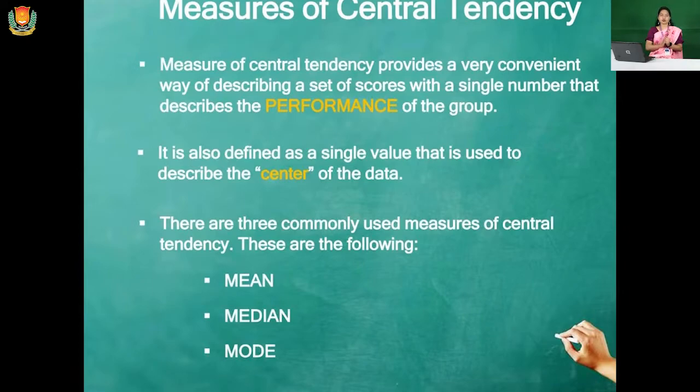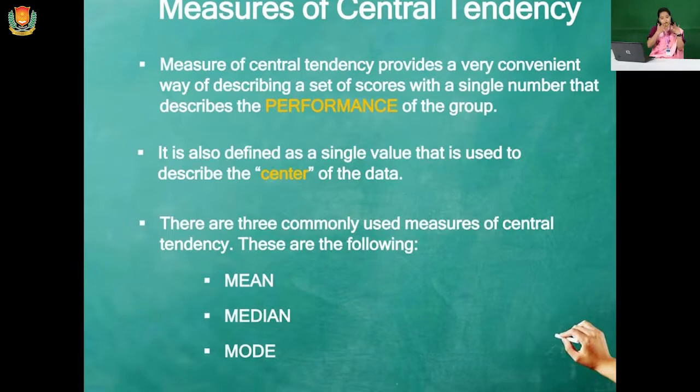It is also defined as a single value that shows you the center of the data, which is very important. When you calculate the mean, it will give you the average. When you calculate the median, it will give you the middlemost value. When you calculate the mode, it will give you the most recurring value.